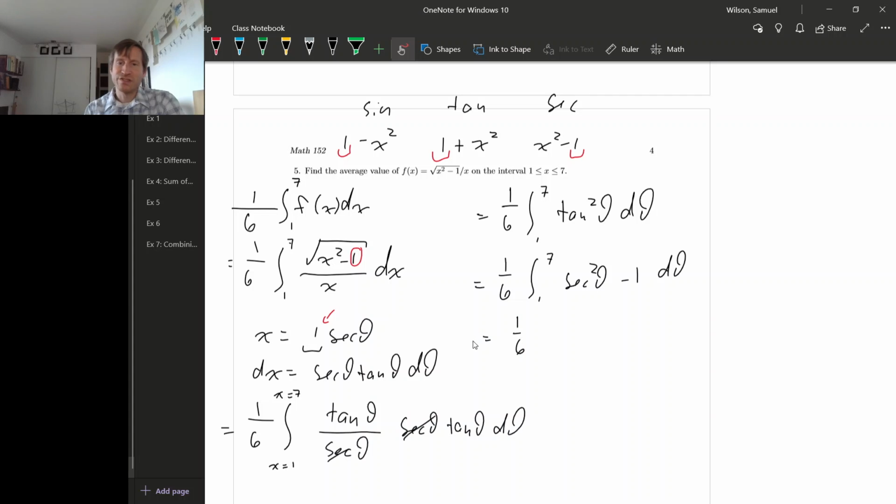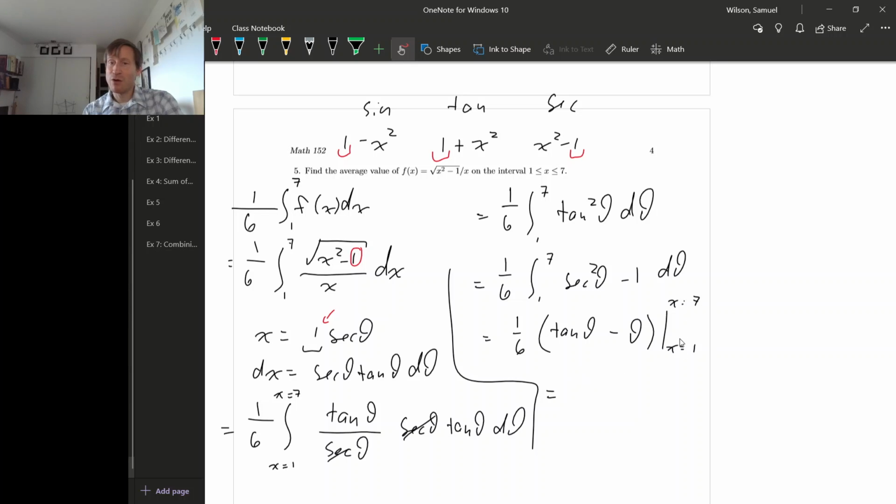So 1 over 6 times, the integral of secant squared is tangent theta. Integral of 1 is theta. And this is from, remember these bounds are x values, so from x equals 1 to x equals 7.